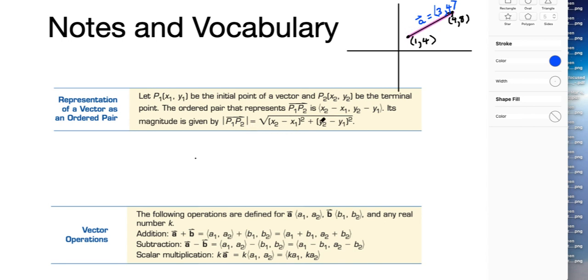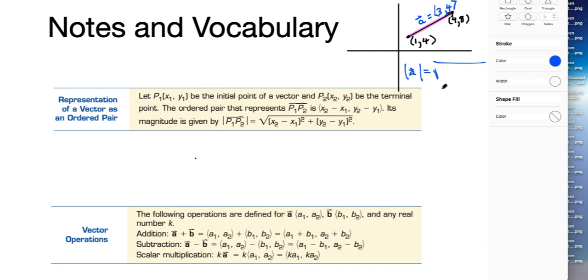And of course, the magnitude, which we know is the length of the vector, we can get from the distance formula. So we remember the distance formula. The magnitude of A is just the length of that segment, and we know what that is.